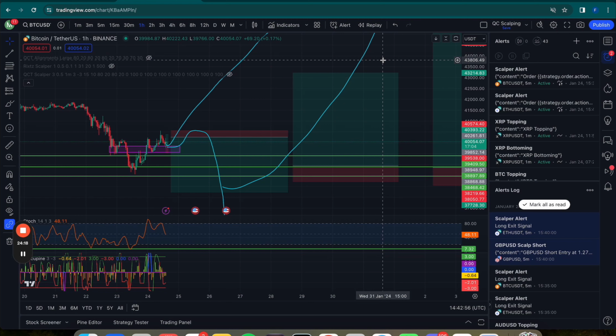And as this keeps playing out, as time goes on, we can invalidate scenarios, and we can add in new scenarios based on the new data that we get. However, what we're not going to do is stare at this for every single minute of the day, because then you start getting in more scenarios that are less likely to happen and you start overthinking.